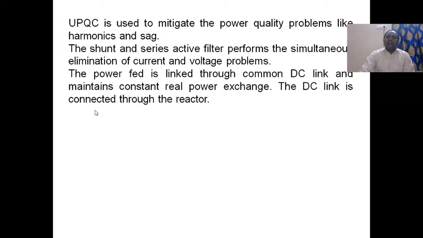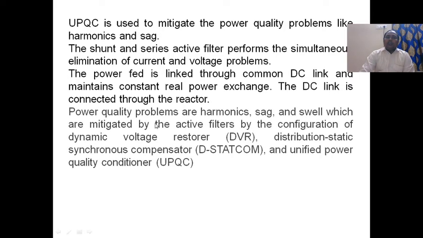The DC link is connected through the reactor. Power quality problems are harmonics, sag and swell, which are mitigated by active filters in the configurations of dynamic voltage restorer DVR, distribution static synchronous compensator DSTATCOM, and unified power quality conditioner UPQC.